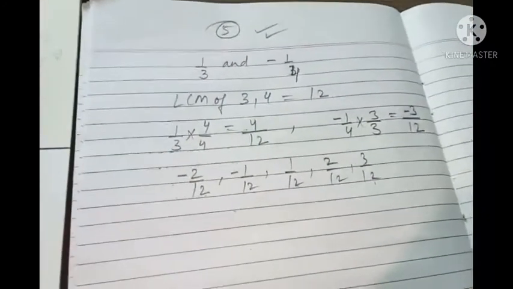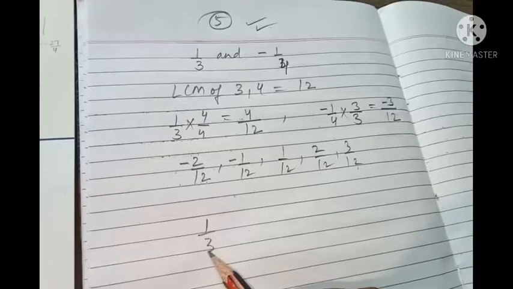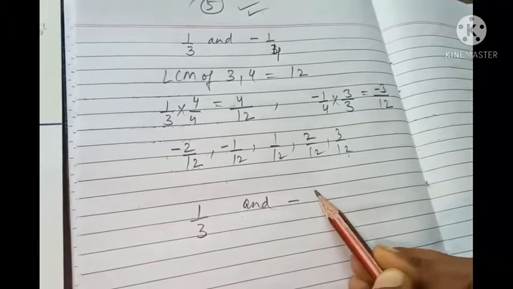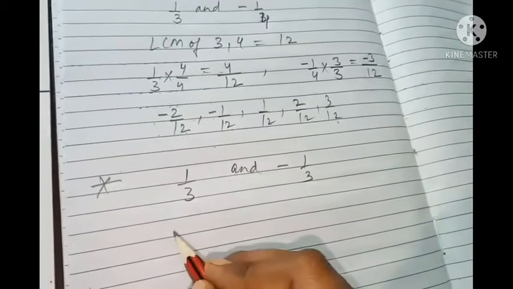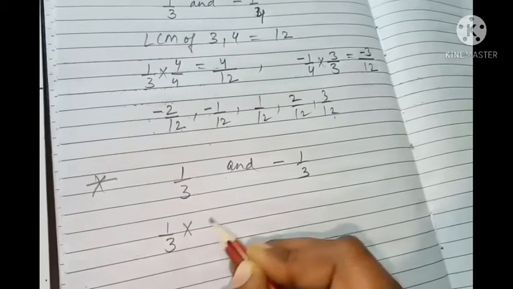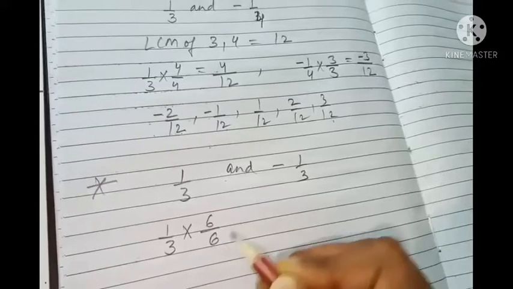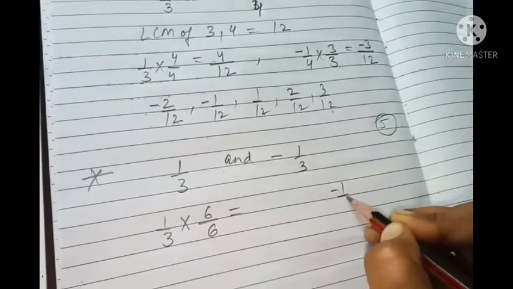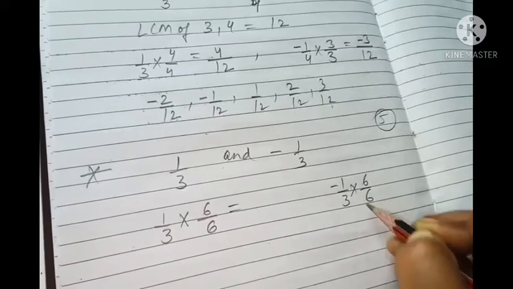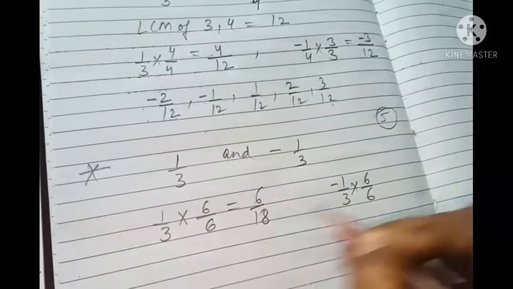If in case it was 1 by 3 and minus 1 by 3, let's suppose this is your question. So the LCM will remain the same. What you need to do is take this number and multiply it with 6 or something. You need to find 5 rationals. So just multiply it with the same number in both the cases. What you will get? 6 by 18 here, and what you will get here?